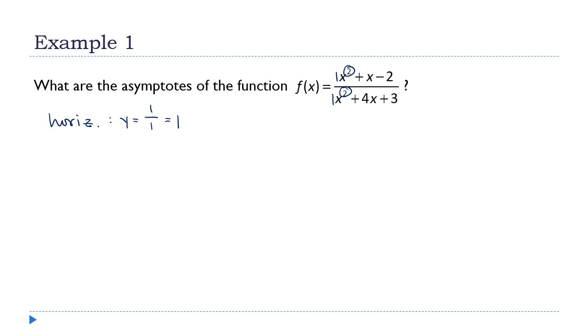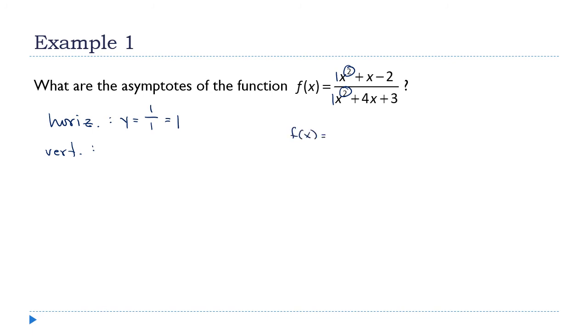Okay, now to get the vertical asymptotes, step number one, simplify. Right, step number one is simplify this thing. So let's factor everything, see if I can cancel some stuff.